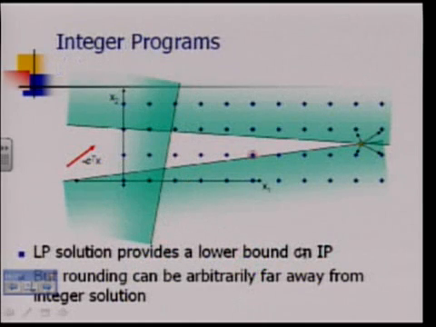We can have some difficult cases. For instance, this red arrow still indicates the direction we should go in terms of the objective function, okay? And this line and this line highlight the constraints, so that we have one extreme point, that's the linear program solution.